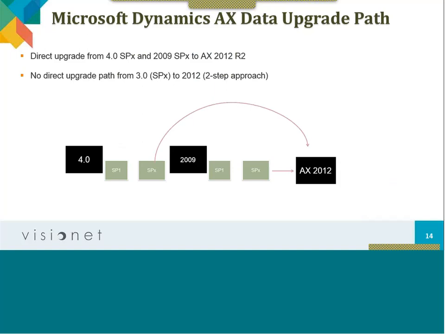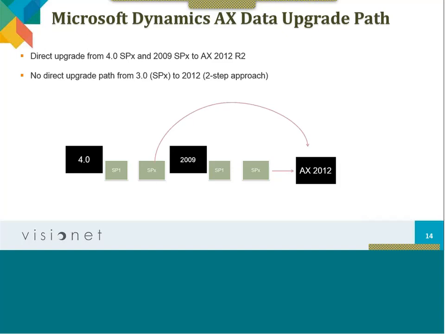Like I said, because the support has expired, even Microsoft will probably be a bit reluctant to look into it. But there is a two-step approach. You upgrade from 3.0 to the available version, which is either 4.0 or 2009, and then from there you do the AX 2012 upgrade.